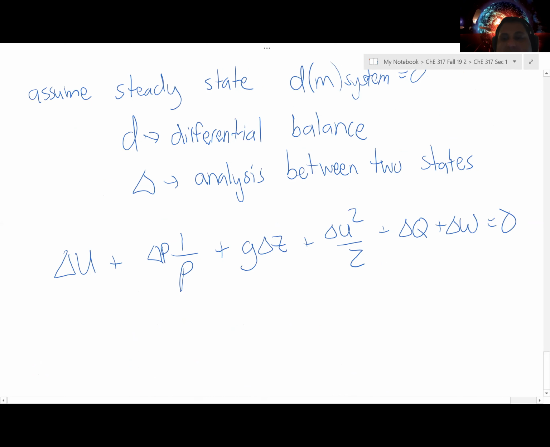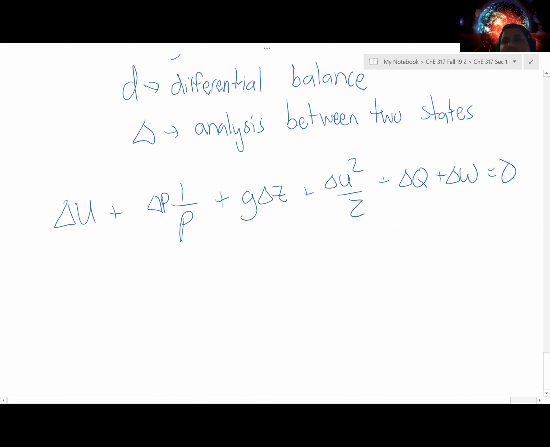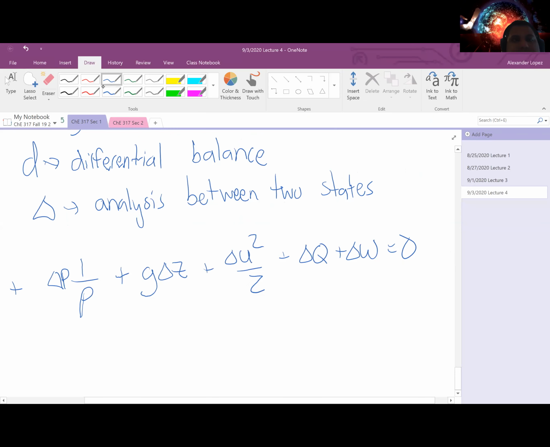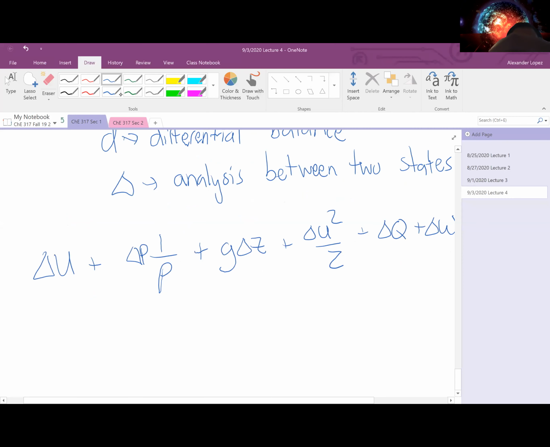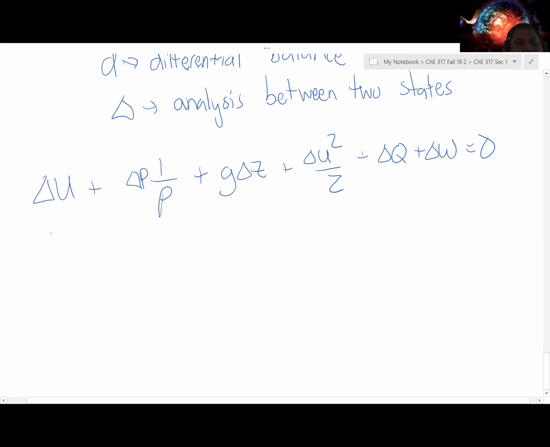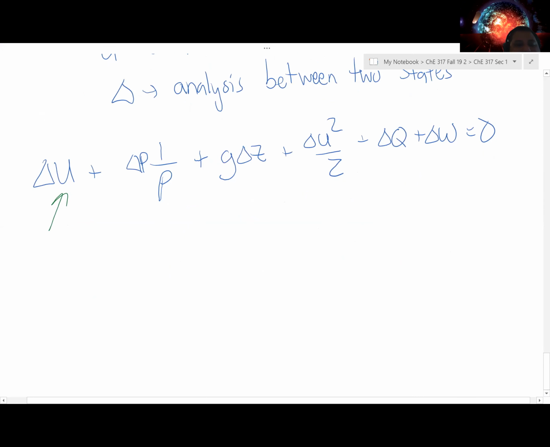So let's talk about these energy terms in a second. The first term we have is, oh, I want a different color. I should let you all vote on what color I use each day. That'd be real fun. So this is the internal energy of the fluid. This is our pressure energy.